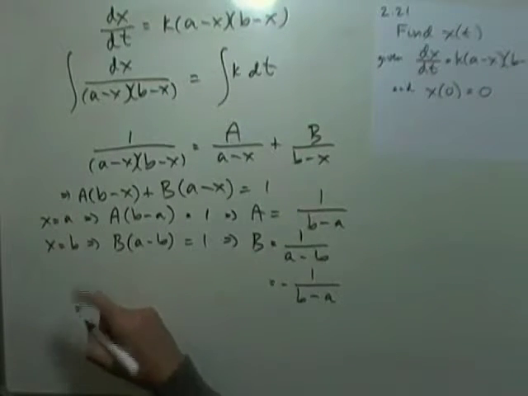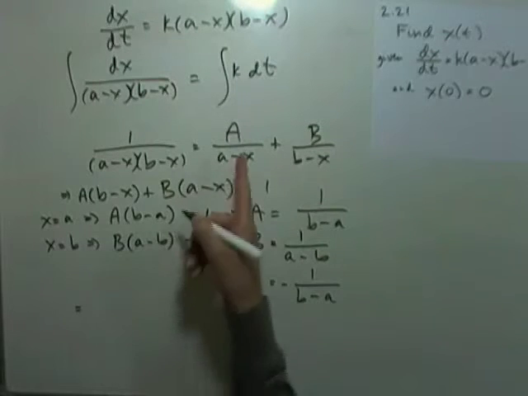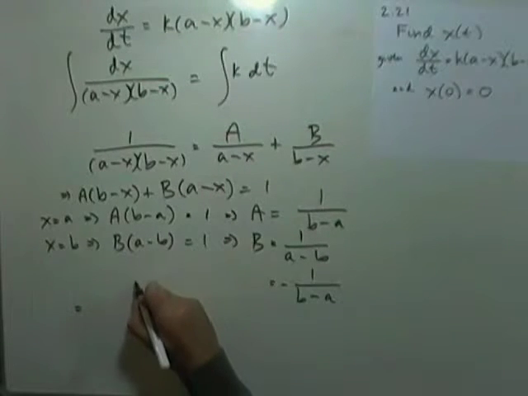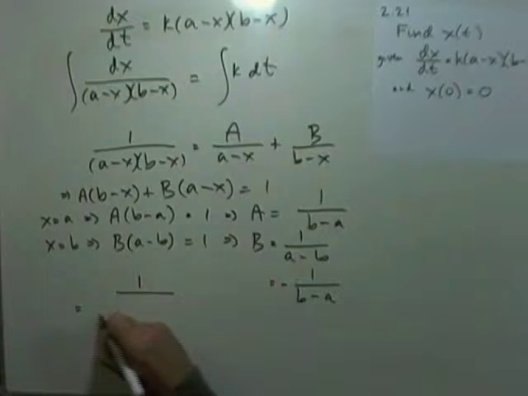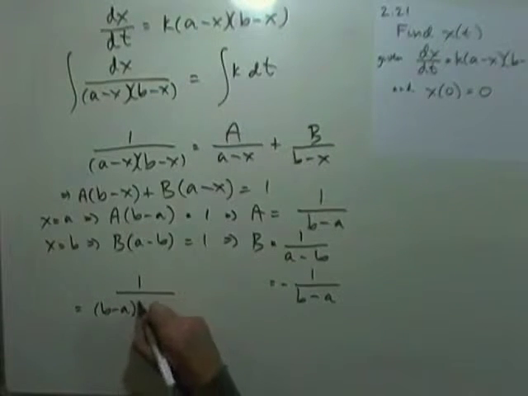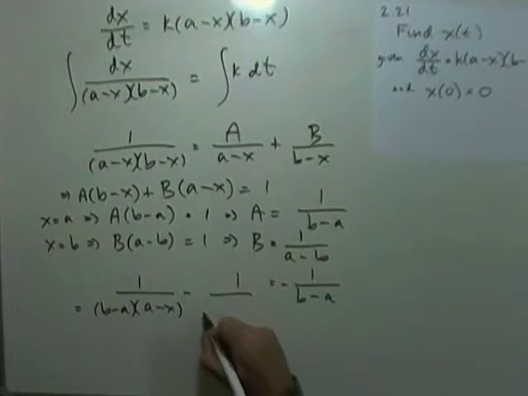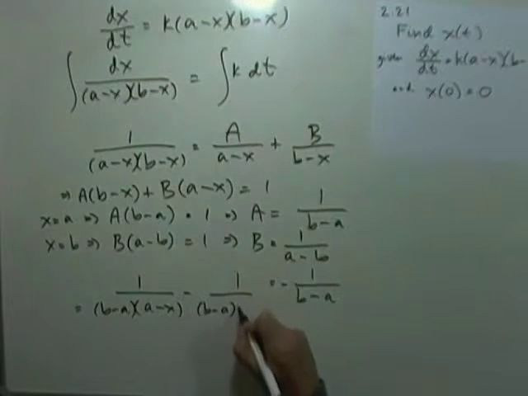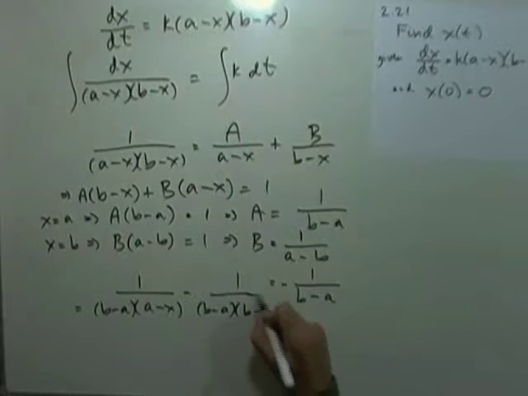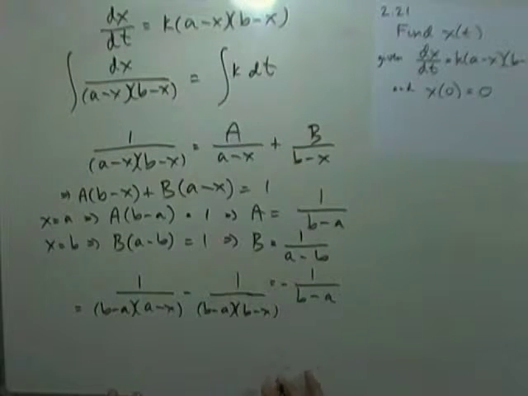So that means the original part would be, then I'll clear the board, would be A over that. So that's actually 1 over B minus A times the A minus X minus, same multiple, B minus A times B minus X. Well, pause to rub that.